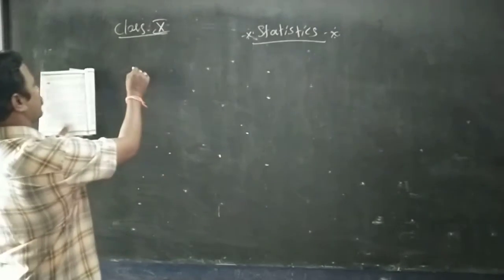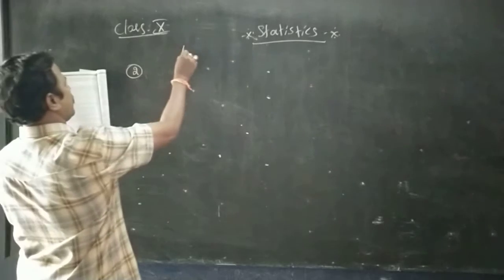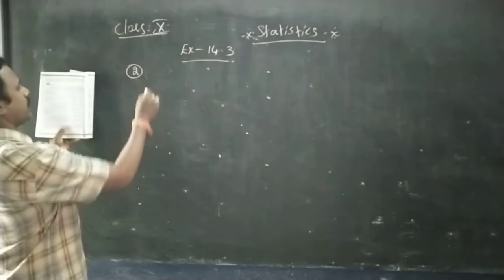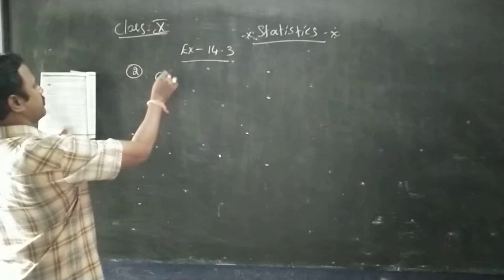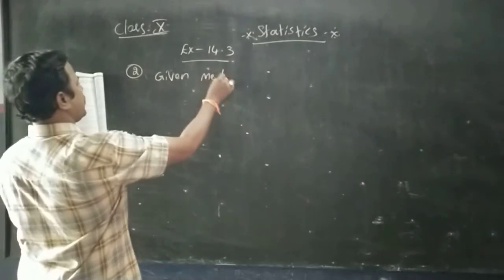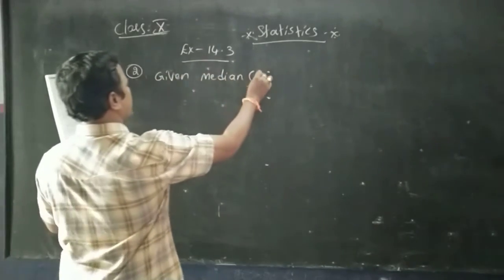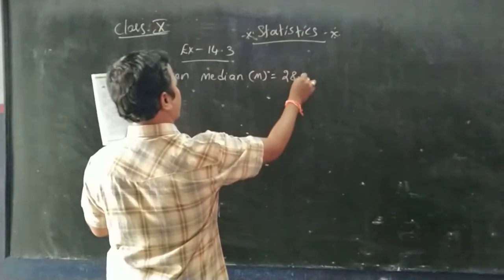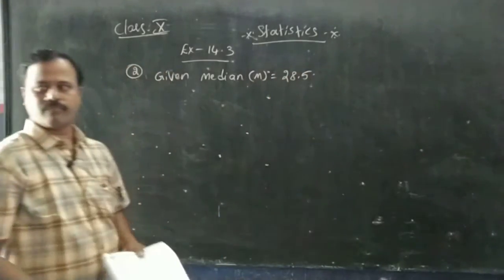The second question in exercise 14.3. Given median M is equal to, how much is it given? 28.5.